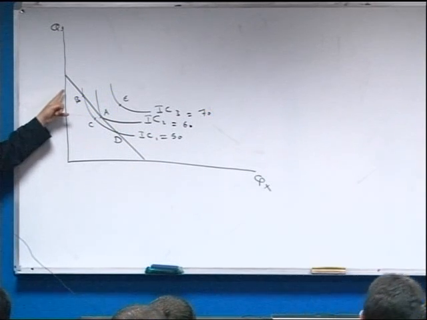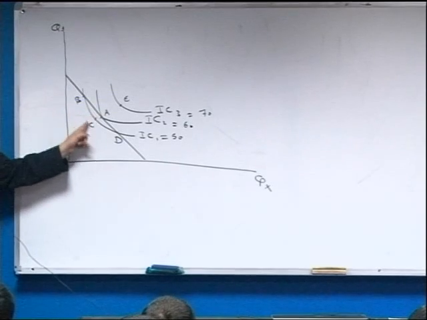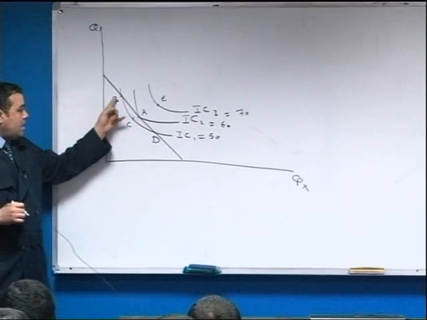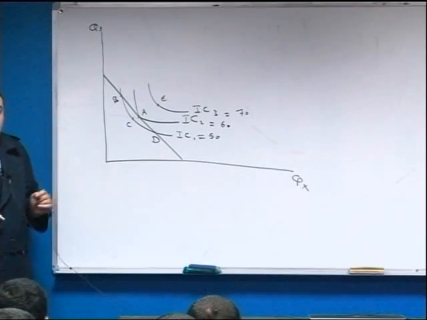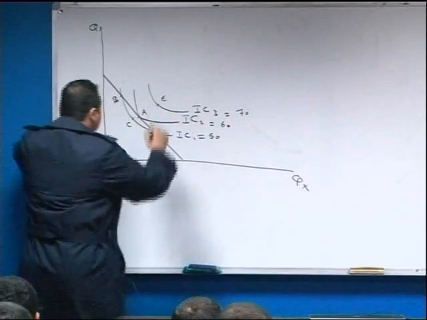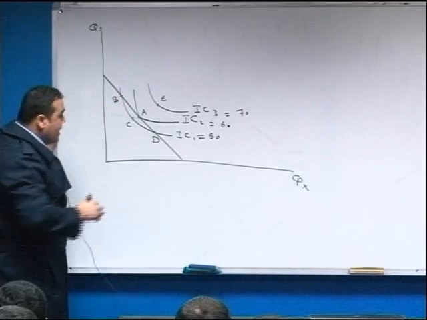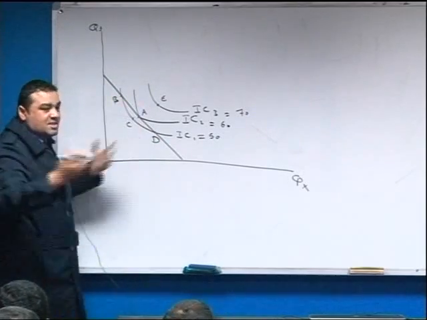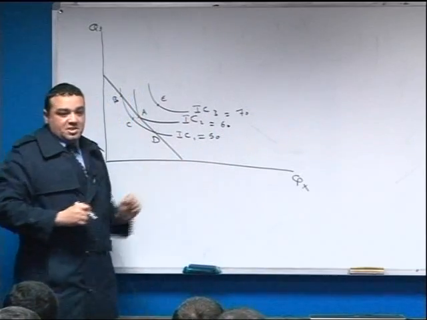Okay, let's do a comparison between point B and A. At point B, the total utility gain for the consumer is 50, right? And he pays how much? Suppose that he pays $100 to get 50 utils.